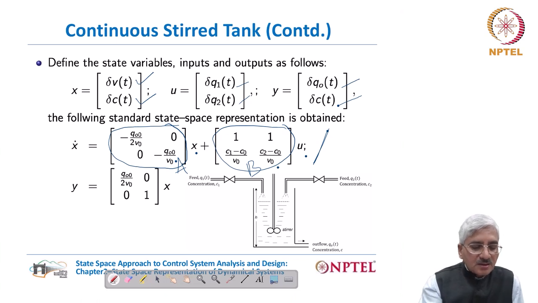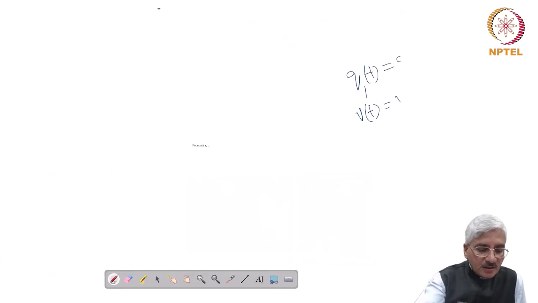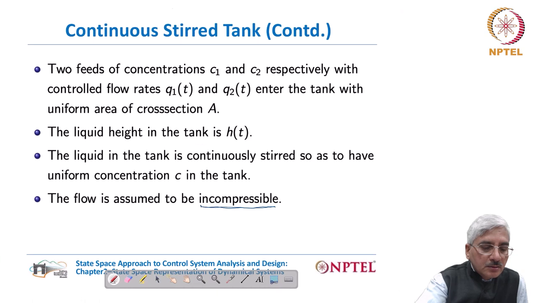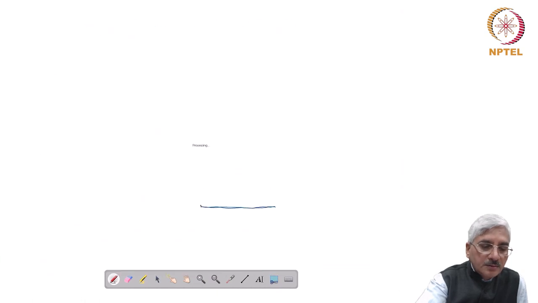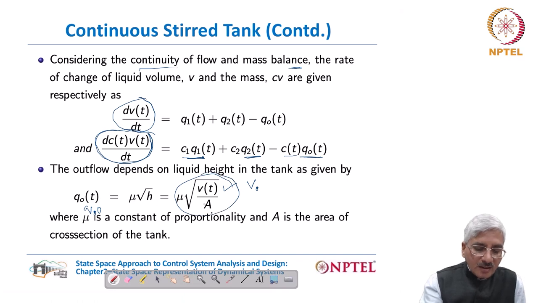Output is, one is the concentration and the other is the outflow, these two quantities. So the first one is the outflow, the second one is the concentration. Now outflow, we got the expression in one of the previous slides. Outflow is QOT equal to mu times this quantity, and this was linearized subsequently.